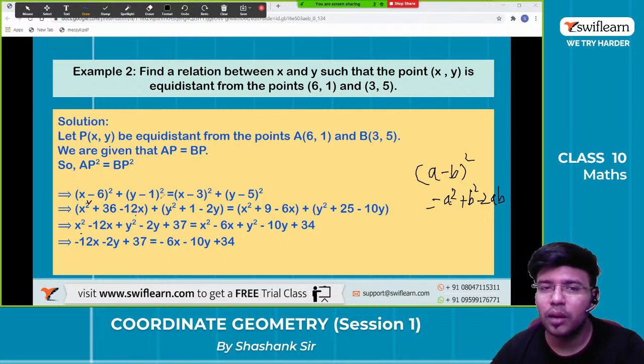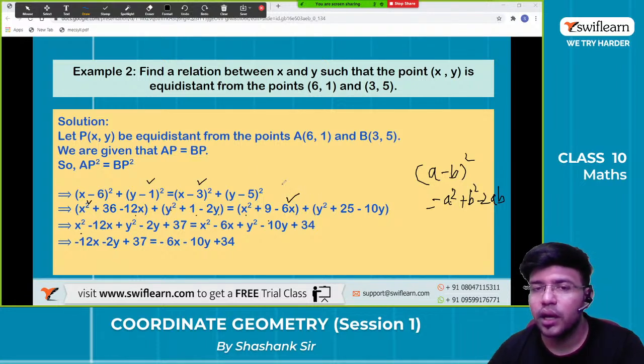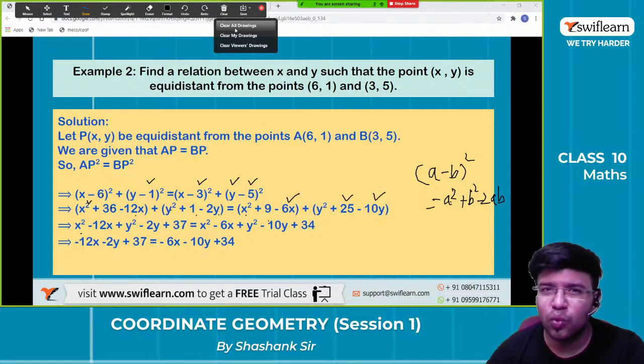Similarly, y square plus 1 square minus 2y is equal to x square plus 3 square is 9 minus 2 into 3 is 6 into x is 6x. What about this? y square plus 5 square is 25 minus 2 into 5 into y is 10y. This is what we got.